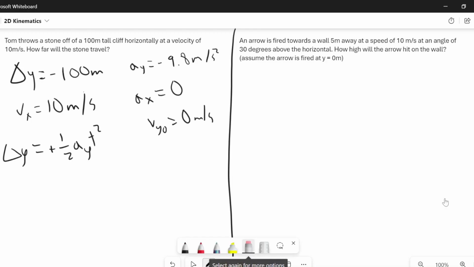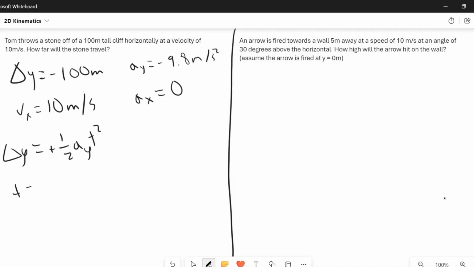So basically, you can change this to t equals root 2 times delta y over the acceleration in the y direction, and this should equal root 200 over 9.8.